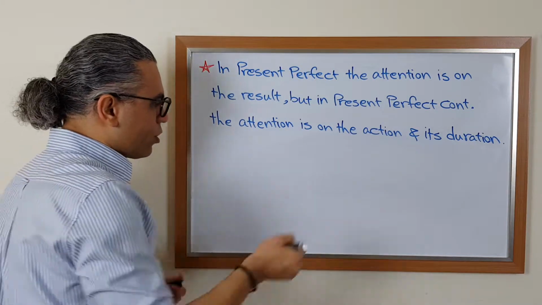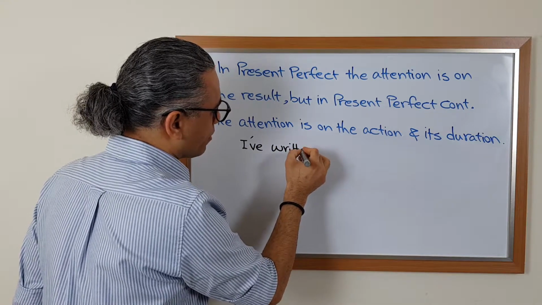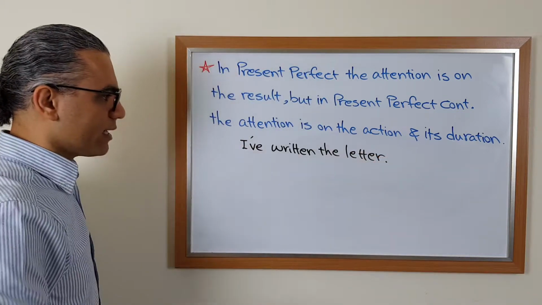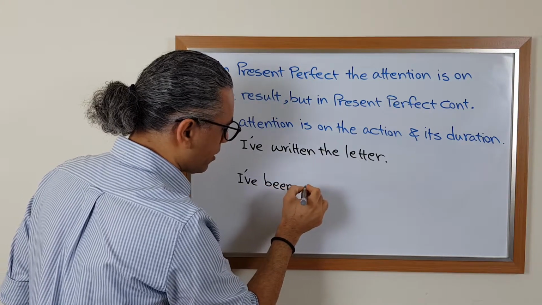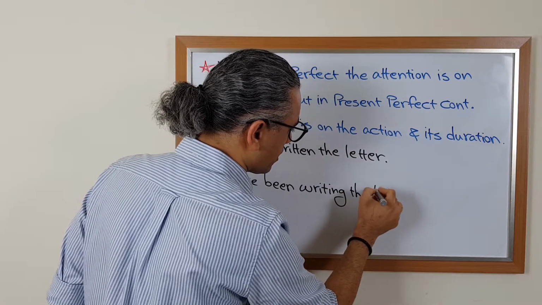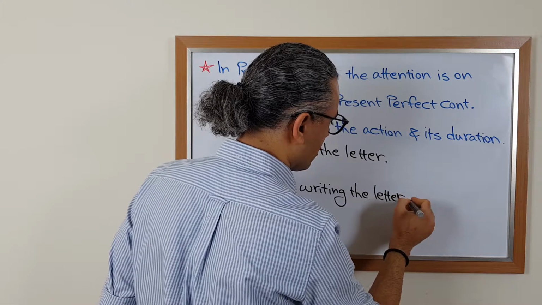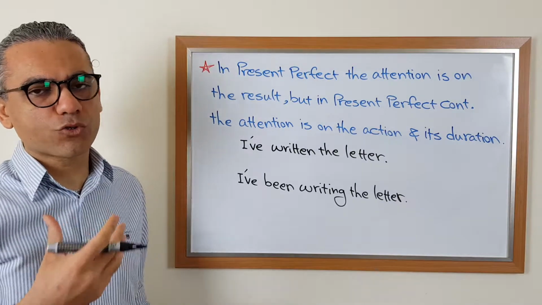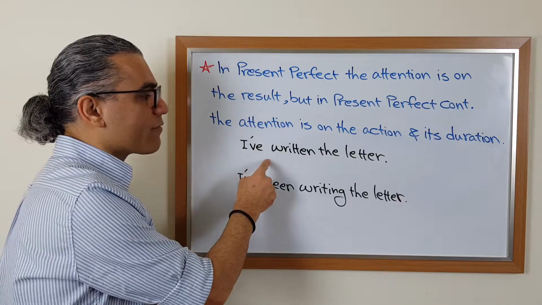For example, when you say, I've written the letter, another example, I've been writing the letter. Sometimes you could say, I've been writing the letter for the past 2 hours, or for 2 hours, or since 8 in the morning. As you can see in here, we say, I've written the letter.